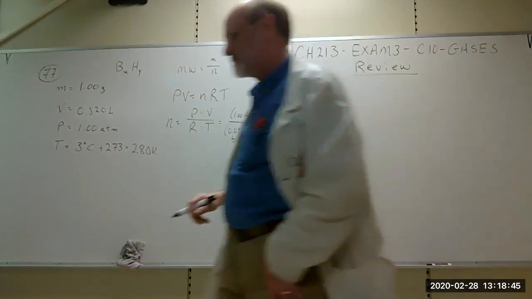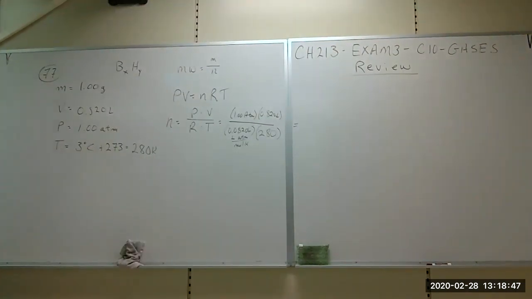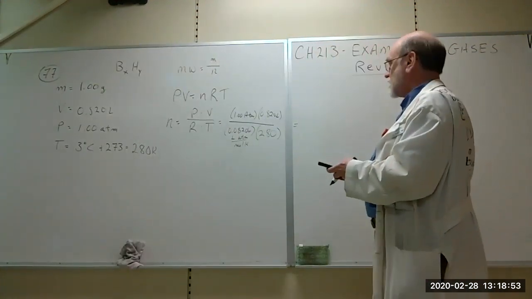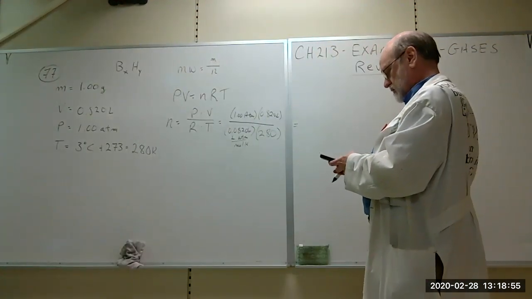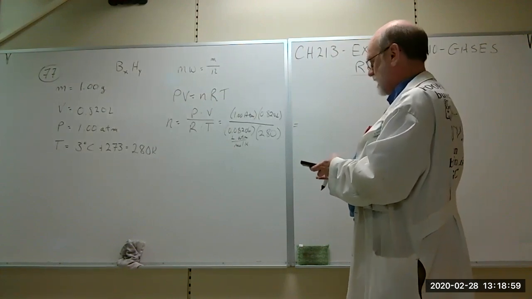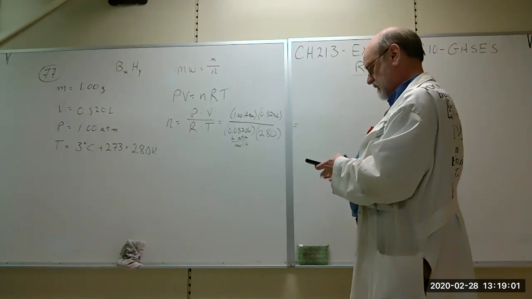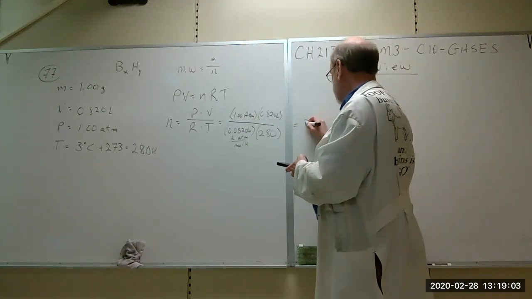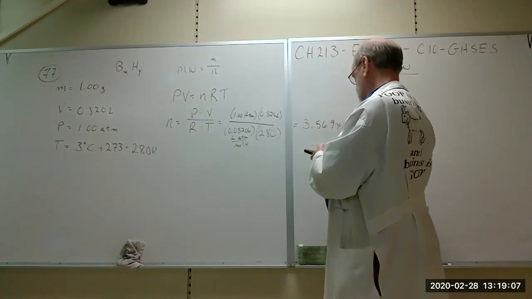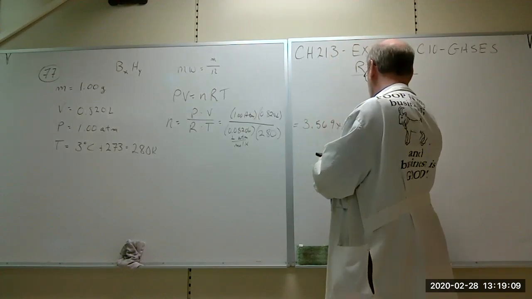Now we just need to find out how many moles that is. So 0.820, over 0.08206, divided by 280. So I get 3.569 times 10 to the minus 2 moles.